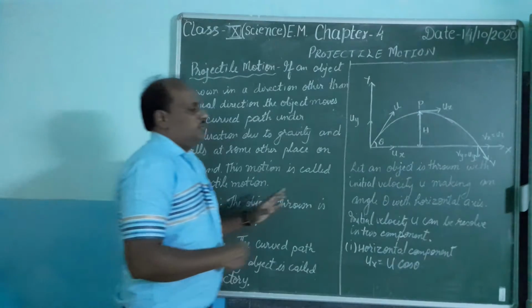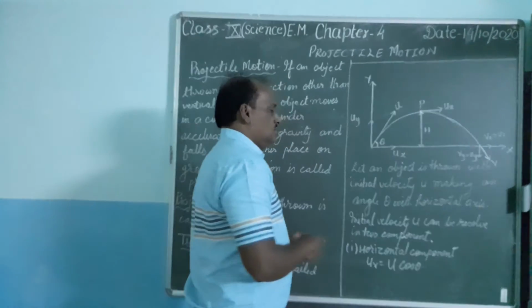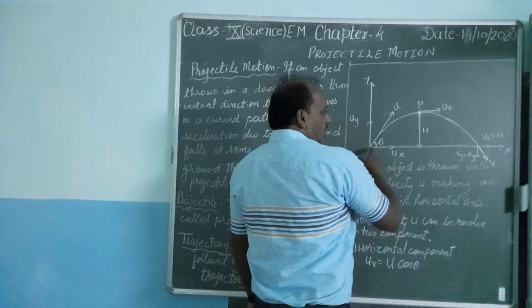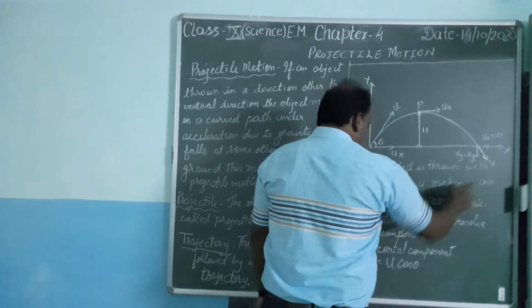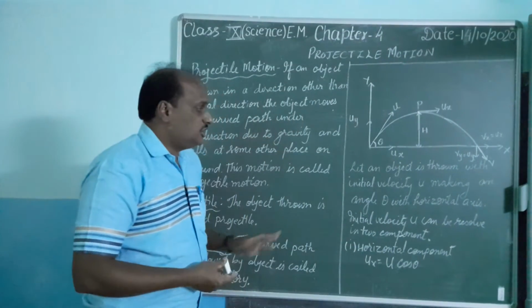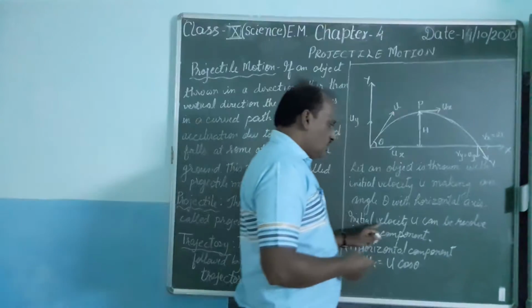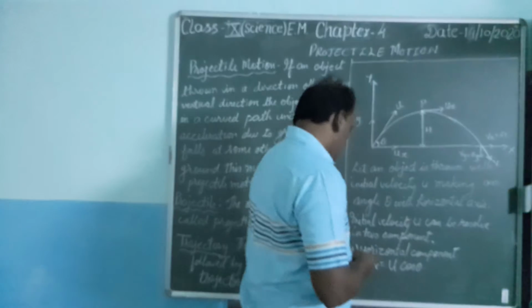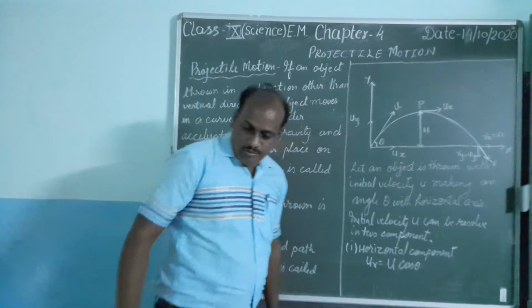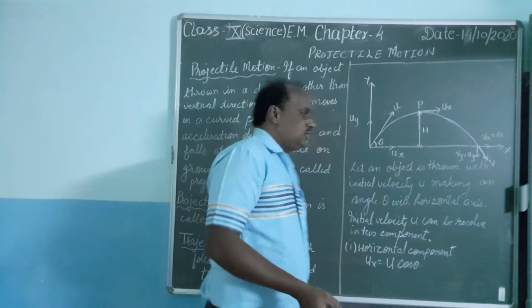So we'll derive the formula for projectile motion. Let an object be thrown with initial velocity u, making an angle theta with the horizontal axis. The initial velocity u can be resolved into two components. First, the horizontal component, that is ux, equals u cos theta.